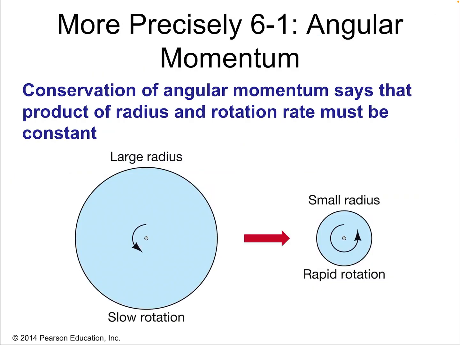So conservation of angular momentum says that the product of the radius and the rotation rate must be constant. So it's R times omega: R1 omega 1 equals R2 omega 2. Omega is the rotation rate, which is measured in either degrees or radians per second.